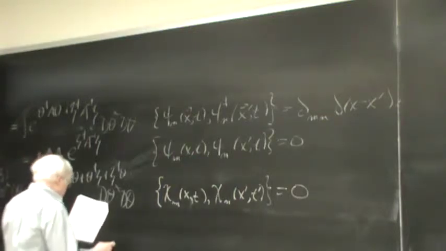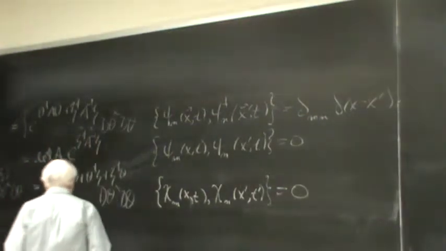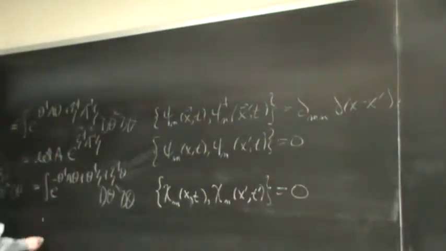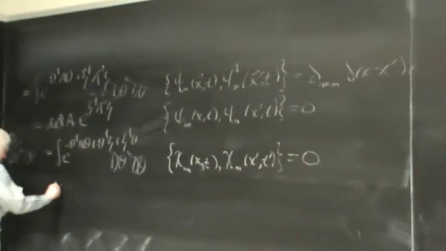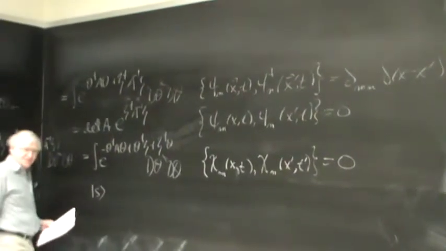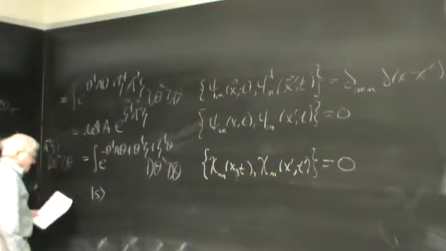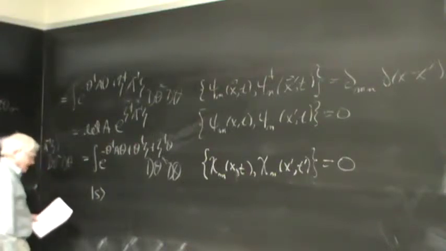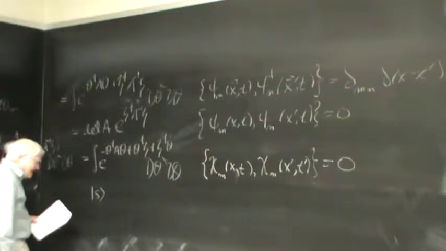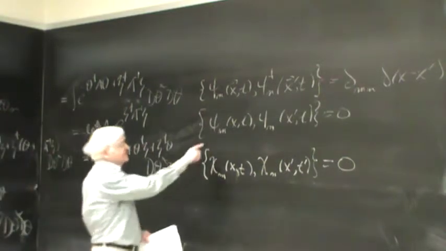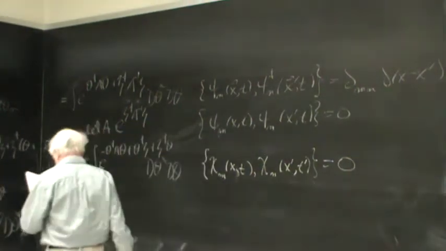Now we can imagine there's some state S. Well, one problem with this chalk is that it's soft, and so it breaks easily. So let's suppose that S is not annihilated by any of these fermionic operators.